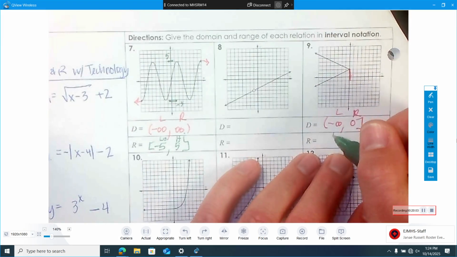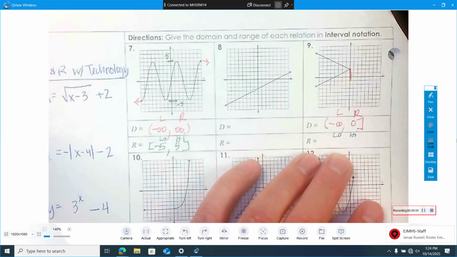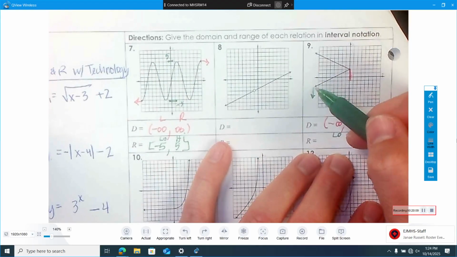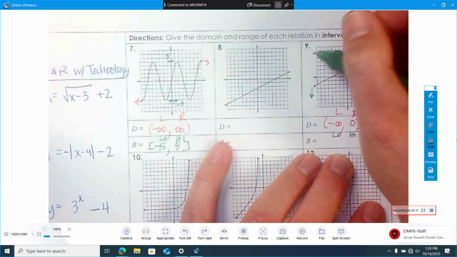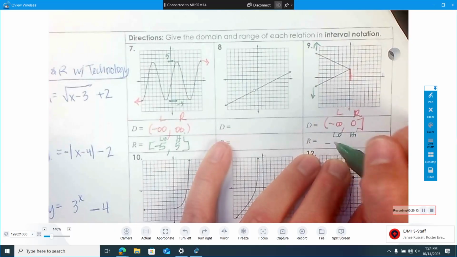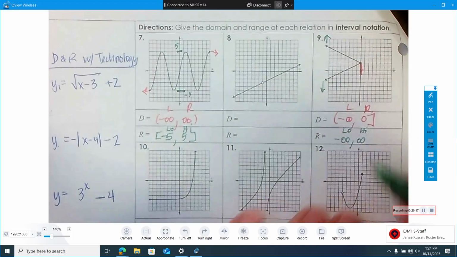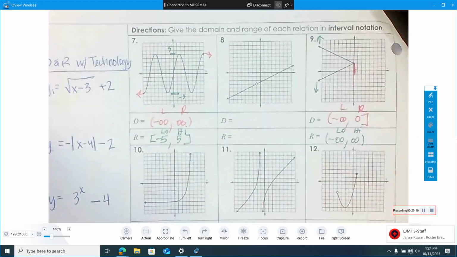And then how low does it go and how high does it go? Yeah, so that arrow is not only going to the left, but it's going down and up. So negative to positive infinity. They both are going forever up and forever down.